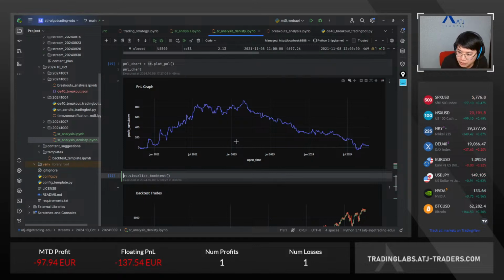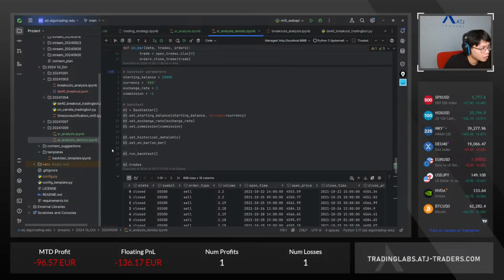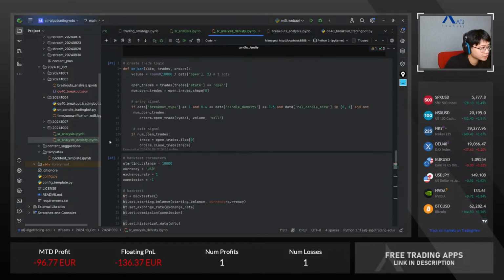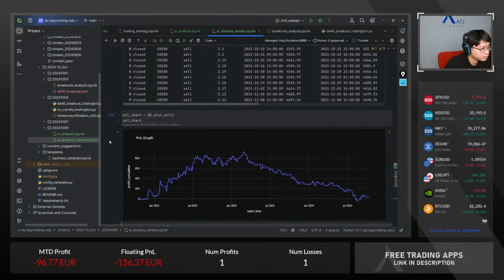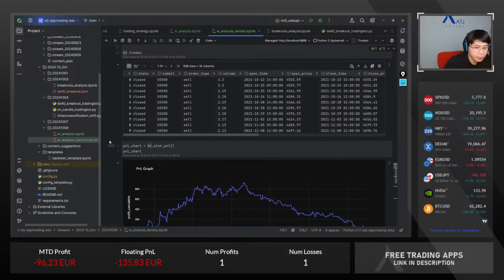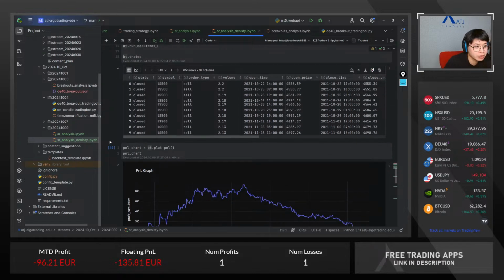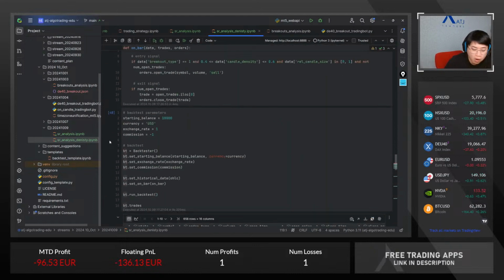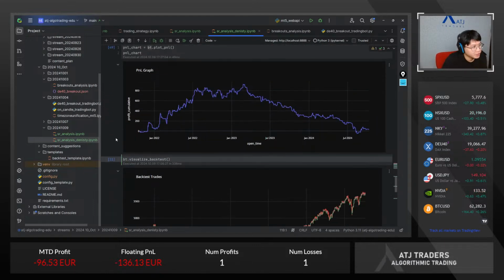The easiest I found is GJPY, JPY, due to their nature of strong trend. Yes, maybe we can try it on USD JPY actually, as you've mentioned. So we can look at other markets where breakouts tend to be stronger, or maybe we can try Bitcoin or some individual stocks. Yeah, we got back to break even. It's quite interesting. You're happy, you make money, and then one day it just goes down straight like a truck.